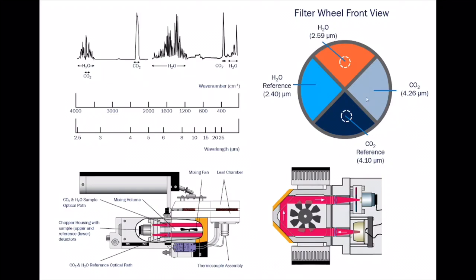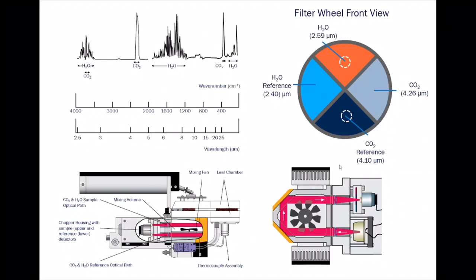The nice part about having the absorbing and the reference scheme is that if any dirt or debris gets into our analyzer, that dirt or debris can scatter the infrared light, making it look like there's more CO2 or water vapor than there actually is. But by having the reference band in there, we subtract out that scattering.